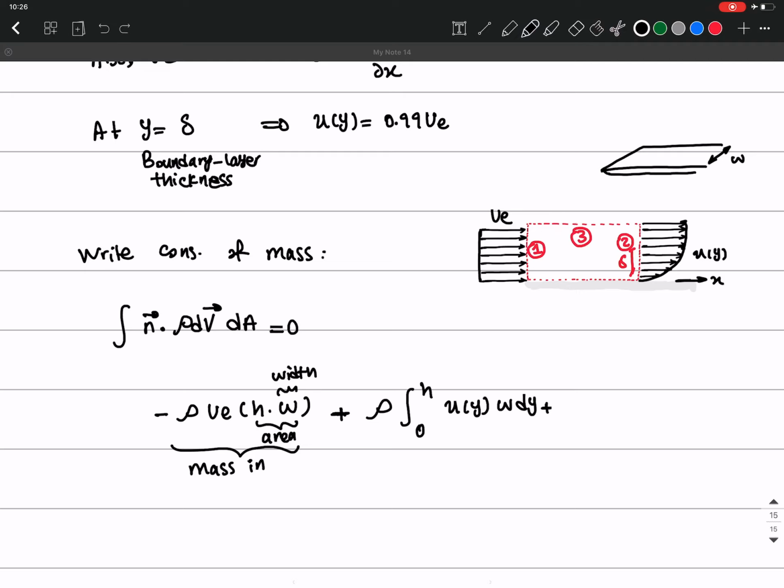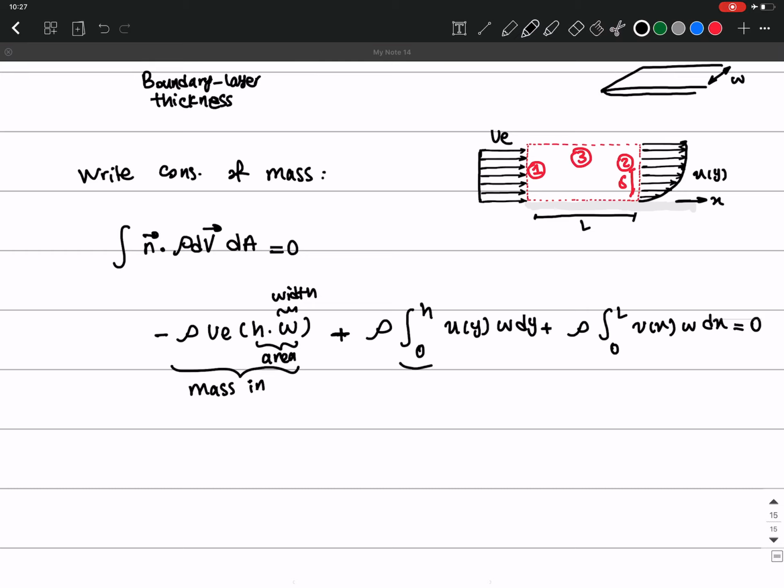So I need to account for that. So it's going to be rho, 0 to L, because we have to integrate over here, of Vx, because the velocity here is V, we can write it as Vx. It can vary in x direction. Vx W dx. And this is the mass that goes out from the top of the CV, and the whole thing equals to 0. Okay.